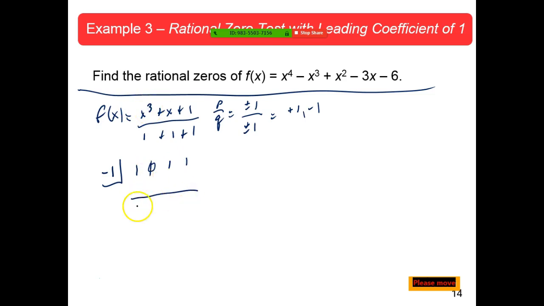Skip a line, draw a line, bring down the 1. What do you get next? Minus 1 times 1. Synthetic division. Negative 1. Negative 1.